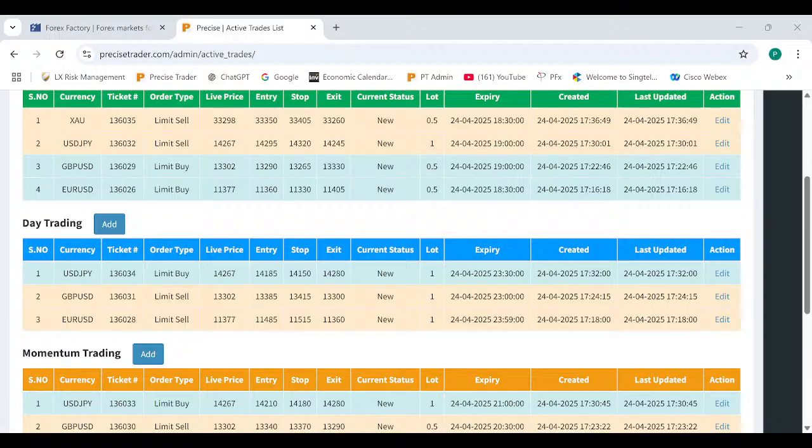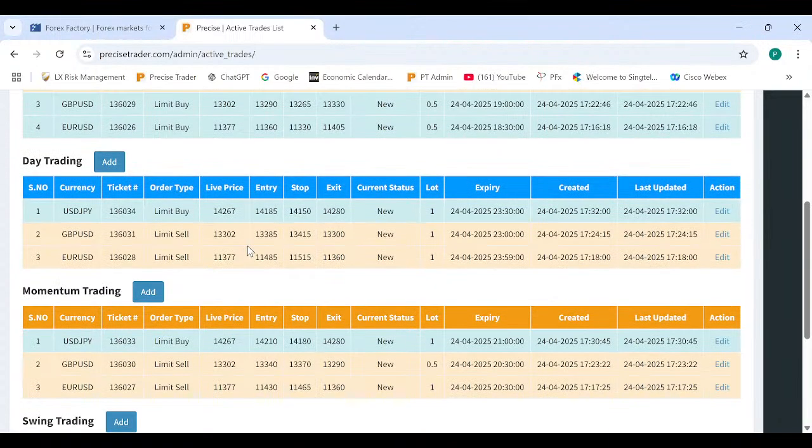Okay, so here, for those of you who came in late, we are trying to sell gold. I think we missed the level, so we should be trying to sell at 34.